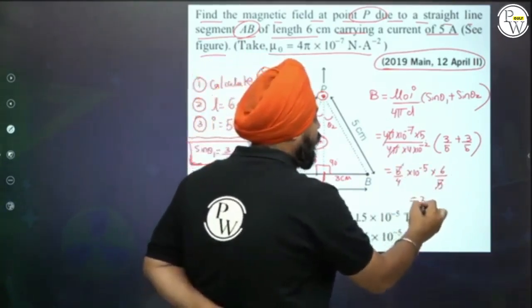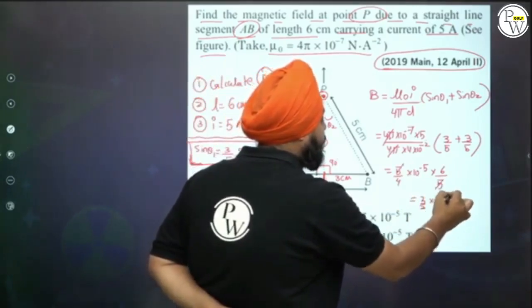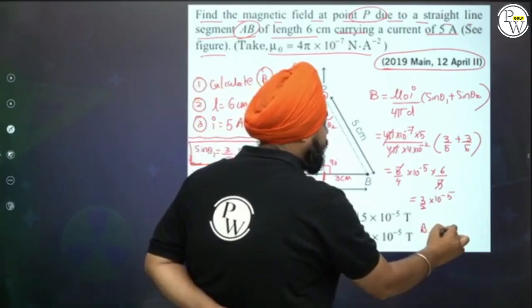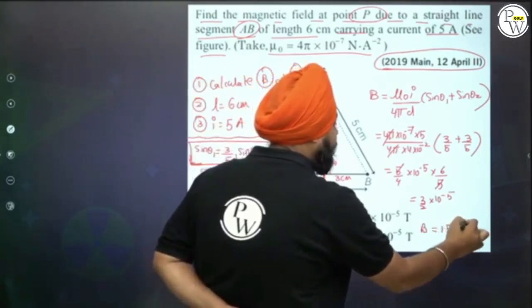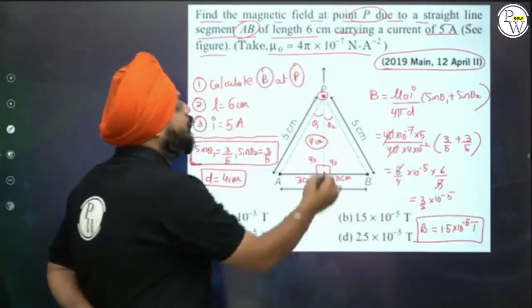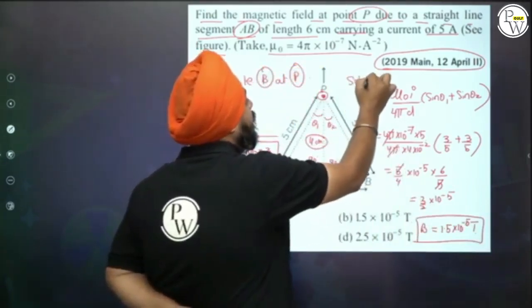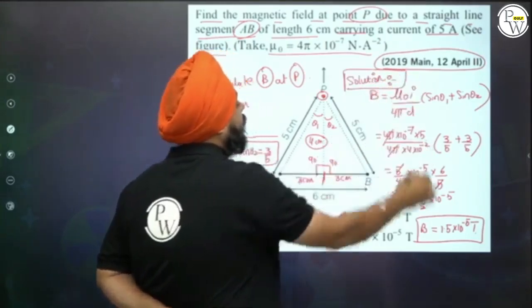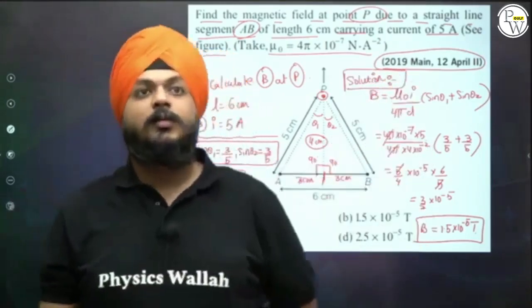So it is equal to 3 by 2 into 10 to the power minus 5. So the net magnetic field you are going to get is 1.5 into 10 to the power minus 5 Tesla. Right, this will be the solution.